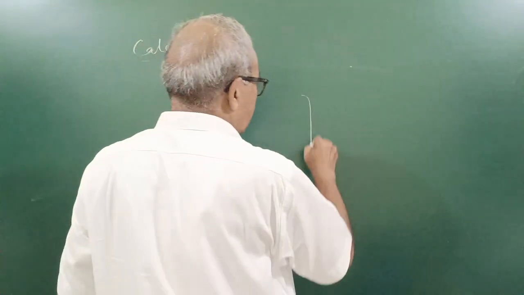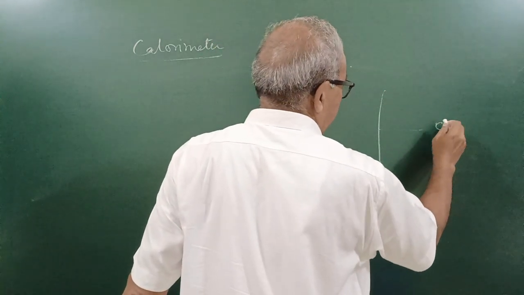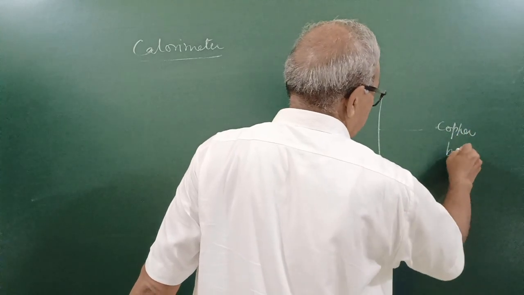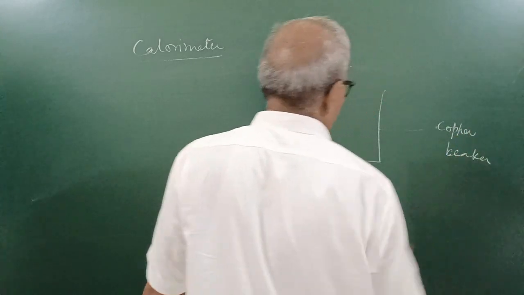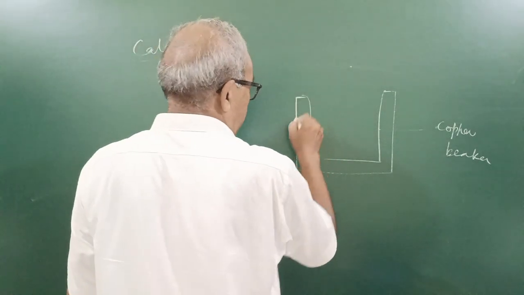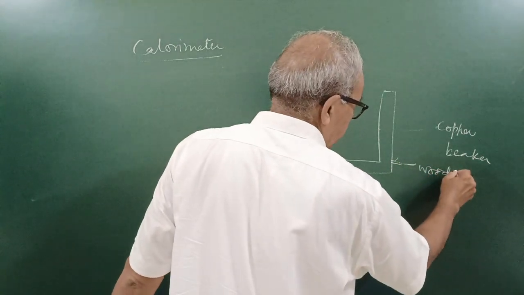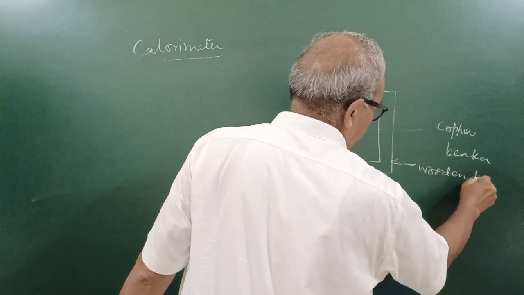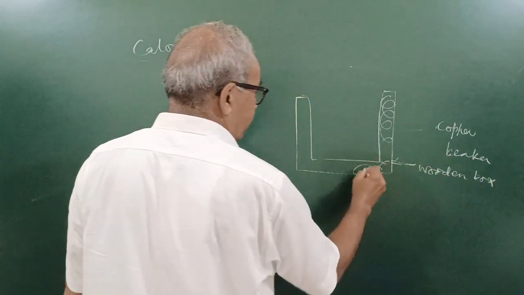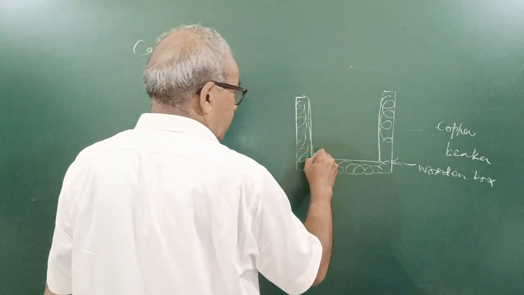It is simply a beaker of copper container which is placed inside a wooden box. Some insulation is placed in the gap between the wood and this calorimeter.